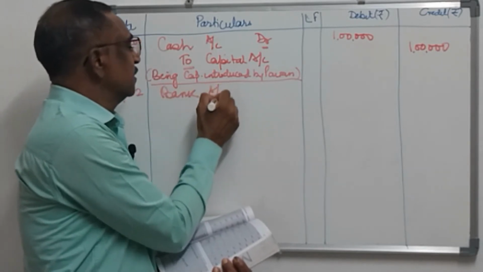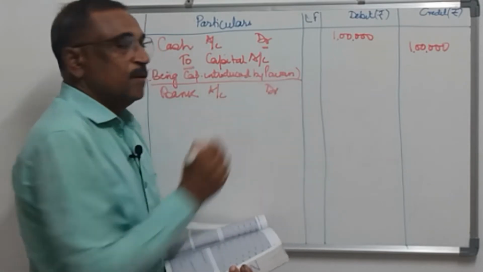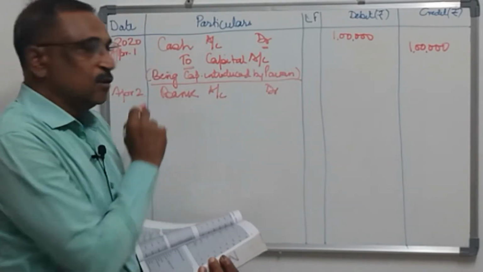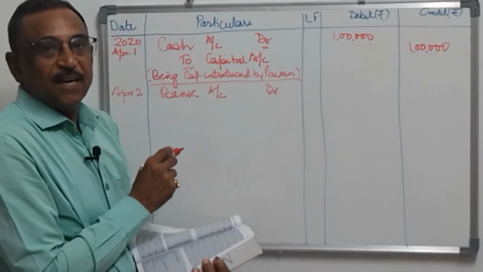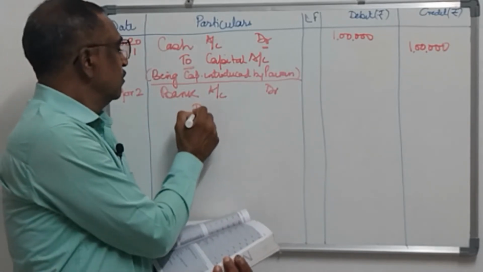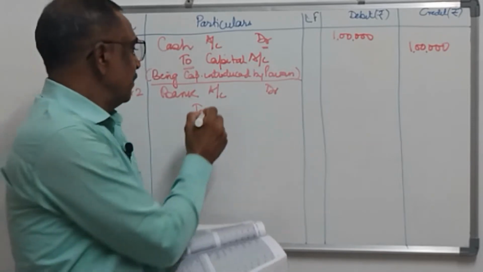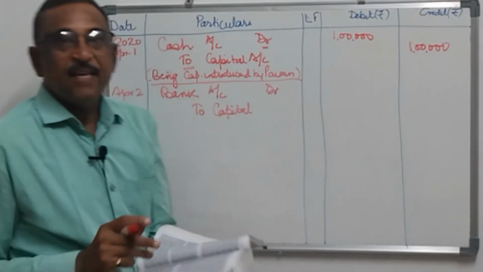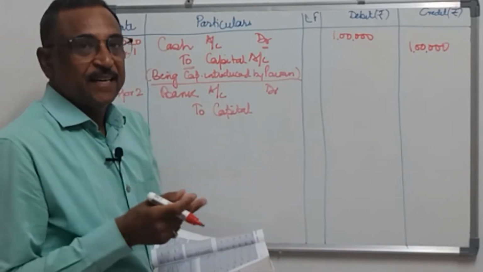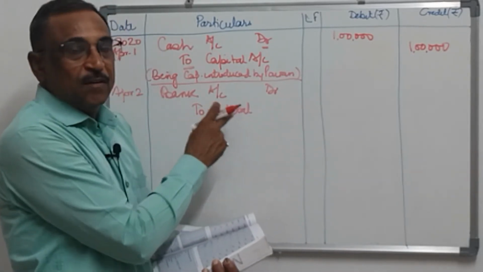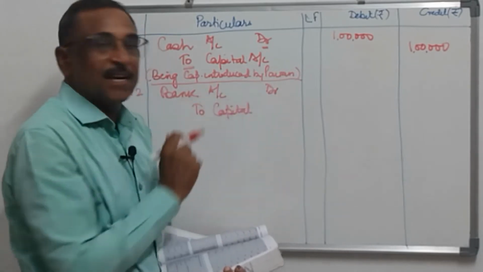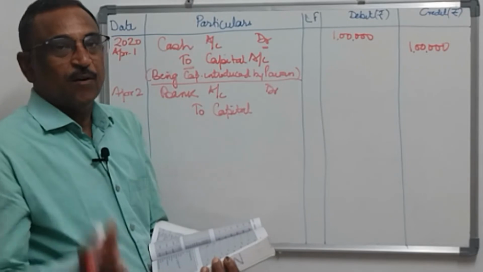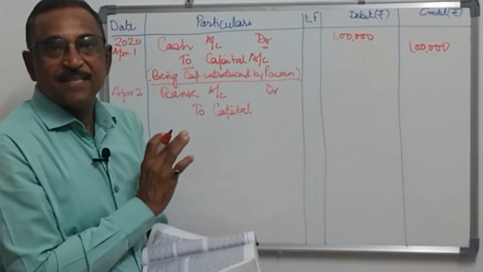Why? Because bank is a receiver, bank is institution, debit the receiver, personal account. To here we will write capital, because he is in fact indirectly investing this amount from his personal account in business account. He is transferring this amount from his personal saving account to current account of the business.